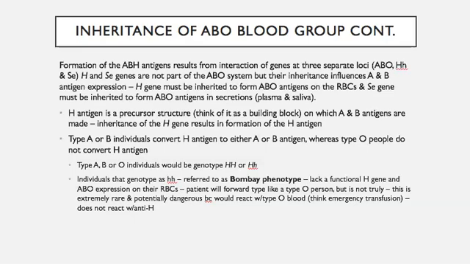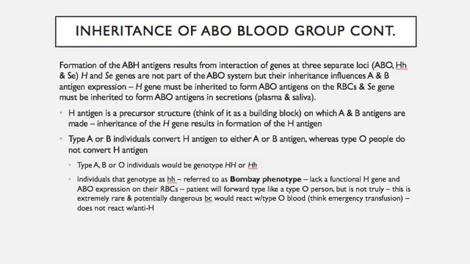The H gene must be inherited to form those ABO antigens on the red cells, and the SE gene has to be inherited to form ABO antigens in secretions, such as your plasma and saliva.